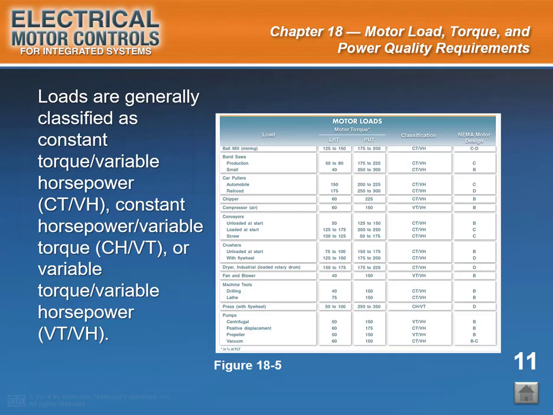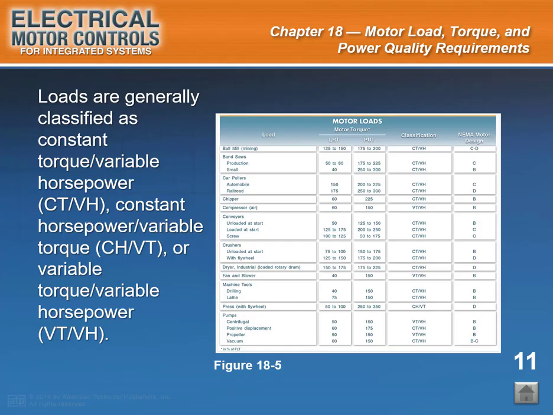Slide caption. Loads are generally classified as constant torque / variable horsepower, known as CT / VH, constant horsepower / variable torque, known as CH / VT, or variable torque / variable horsepower, known as VT / VH. See Figure 18-5.